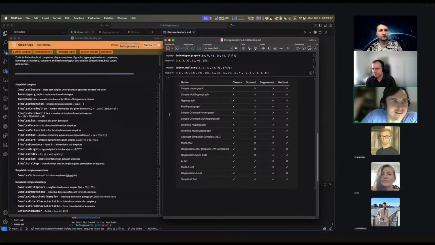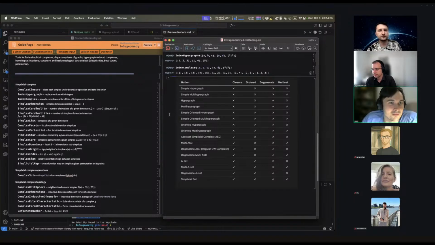You have a list, you take the union, you get a set. You have a list of edges, you take the union, you get a set. So you can always get an abstract simplicial complex, but you lose some information. Maybe the hypergraph had information of a different geometry, and by doing this, in the case of these degeneracies, you are getting a different geometry than the hypergraph was originally supposed to represent.